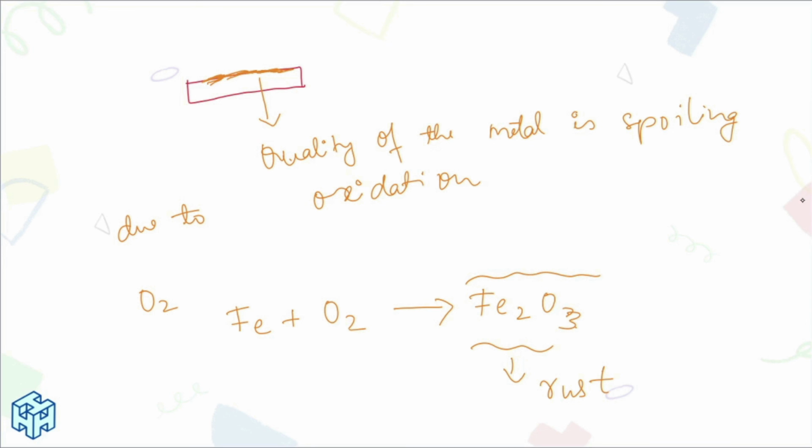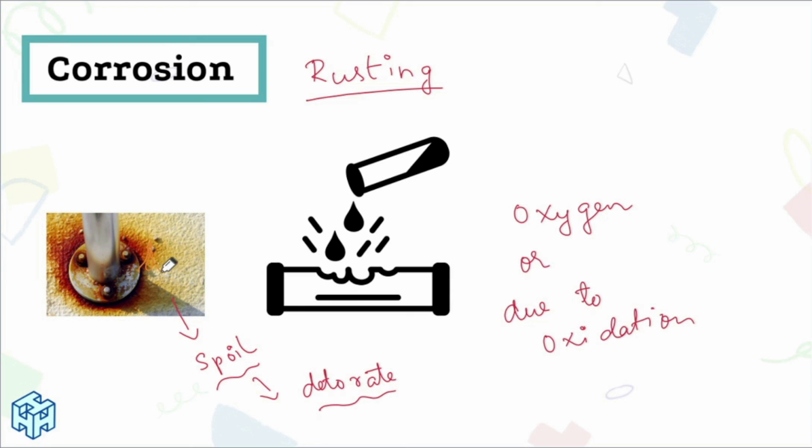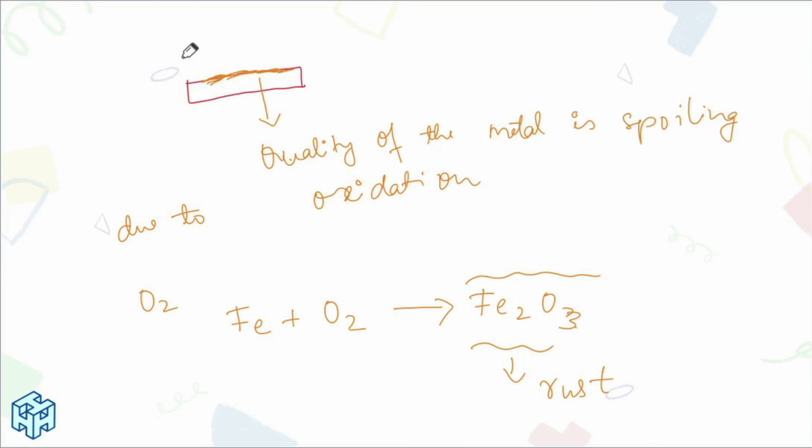This brown layer which you can observe here is ferric oxide, or rust, where the quality of the metal deteriorates. When iron reacts with oxygen, it gives rise to ferric oxide, that is nothing but rust. Did you get it?